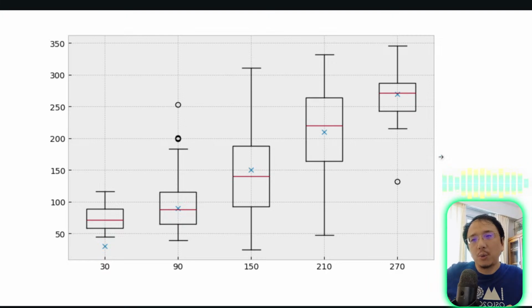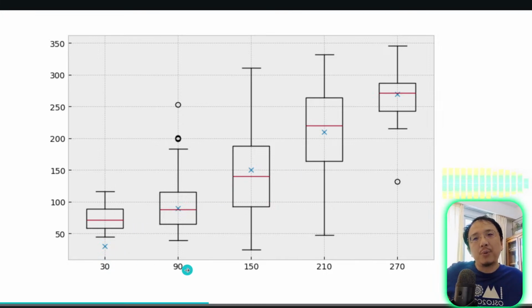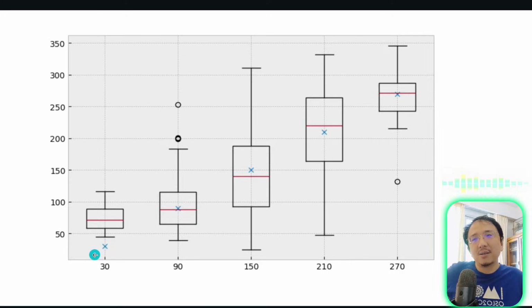Another way to do the visualization is using a box plot, because sometimes we probably want to see how good our prediction is. Like maybe if we predict it to be 90, what is the range of actual values? If our prediction is 270, do we need to worry about it or not?